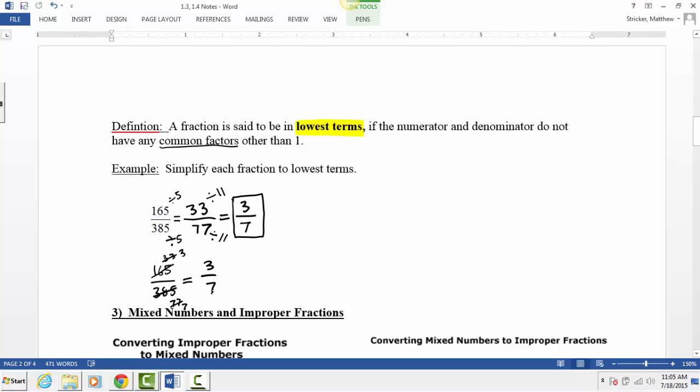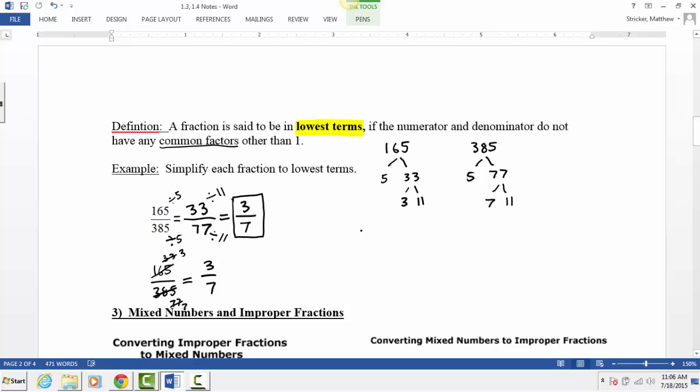One other way to do this is to do the prime factorization. I can take 165 and factor that into 5 times 33. 33 breaks into 3 times 11. And 385 breaks into 5 times 77, and 77 is 7 times 11.